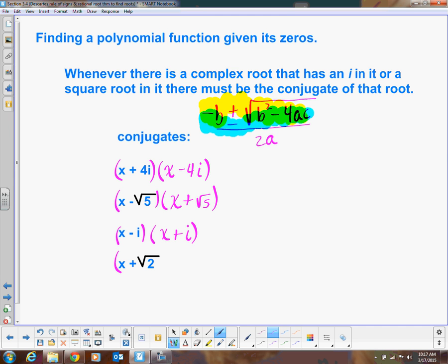If you have x plus square root of 2, you also have its conjugate. If you have 3i, you also have negative 3i. Think of this as 0 minus, correct? All right.